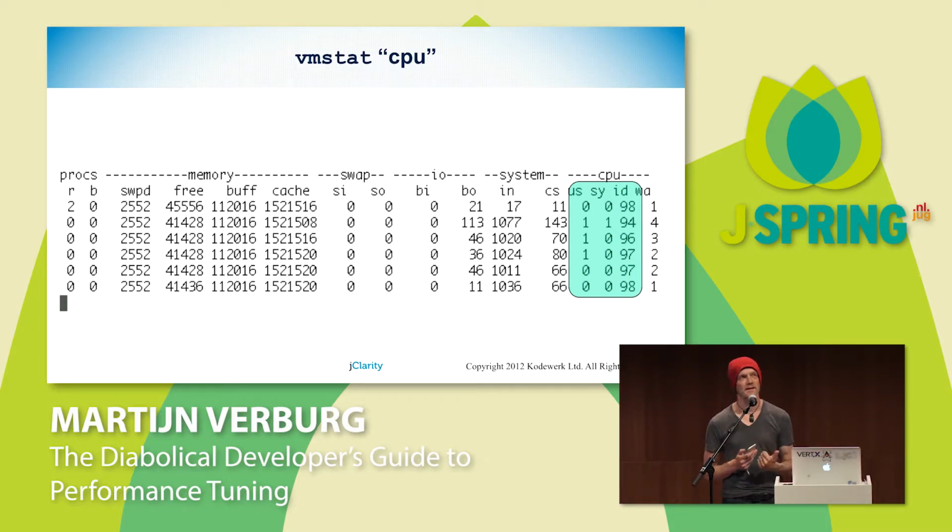You have immediately eliminated lots of categories of problems, okay? It's not a memory problem, it's not a disk problem, it's certainly not the fact that your CPU is running hot, so it's not an application code problem, it's not garbage collection because the user isn't high. It's not a system or kernel problem, it's an idle problem.